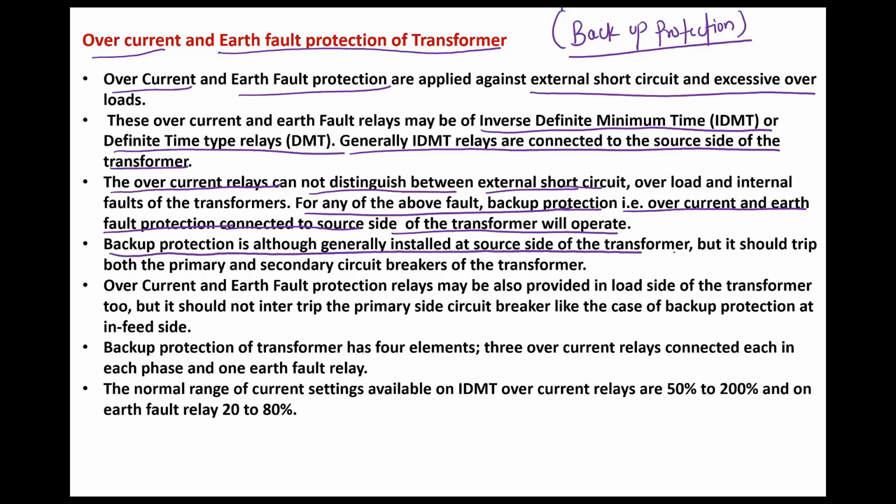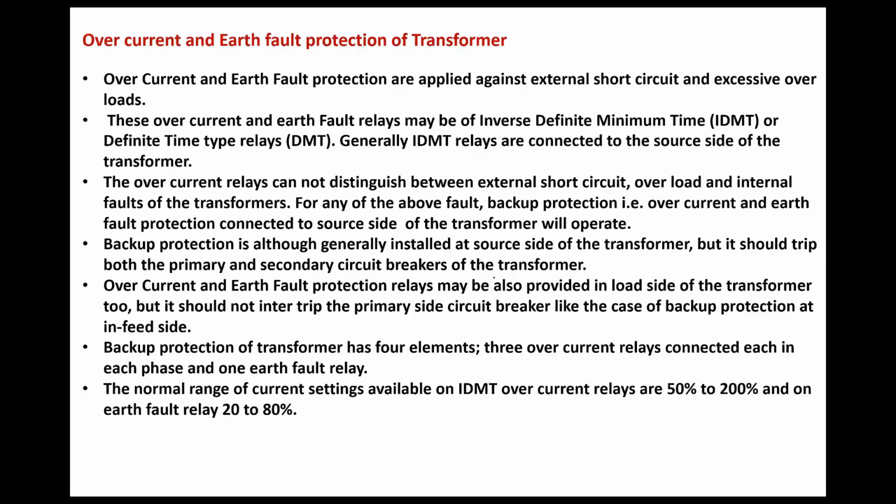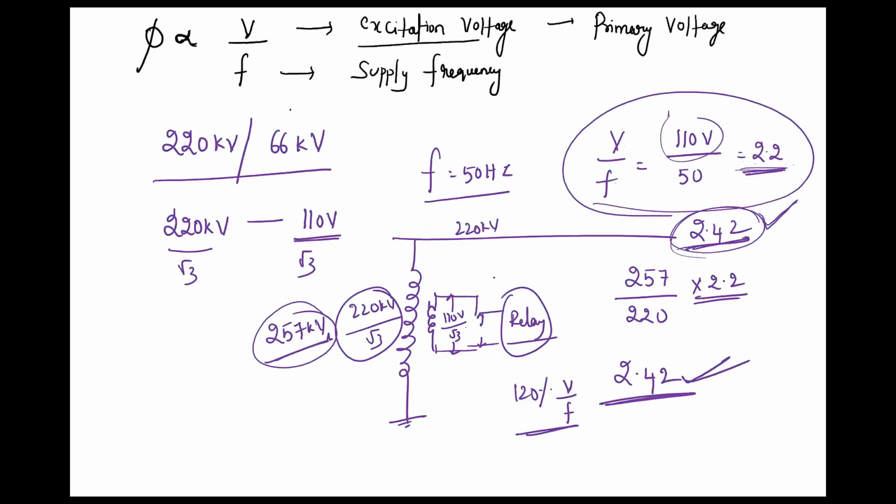Backup protection is generally installed on the source side of the transformer. Whenever a fault occurs on the source side of the transformer, it should also trip the load side. A transformer will basically have two breakers, one on the high voltage side and one on the low voltage side.